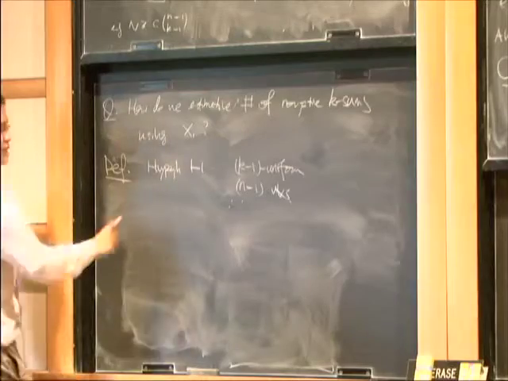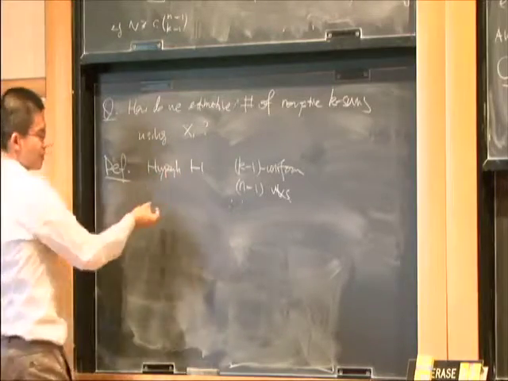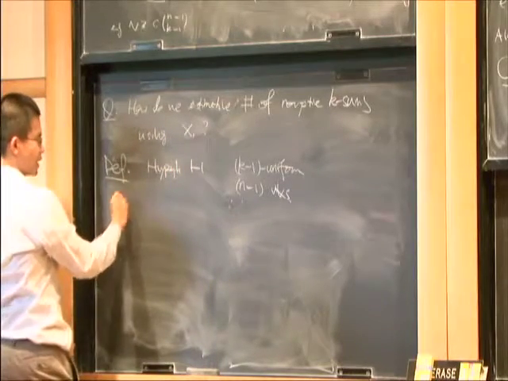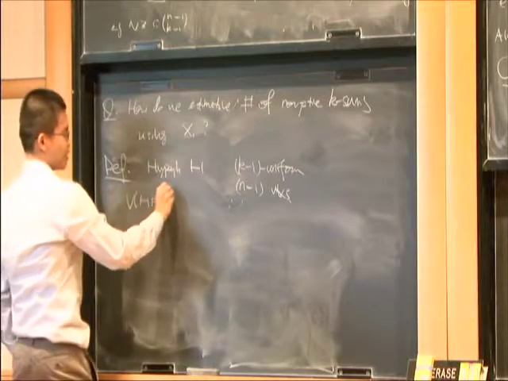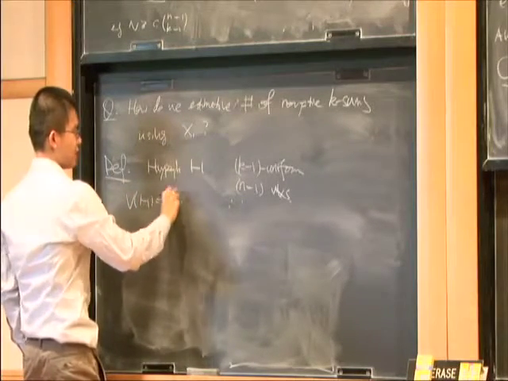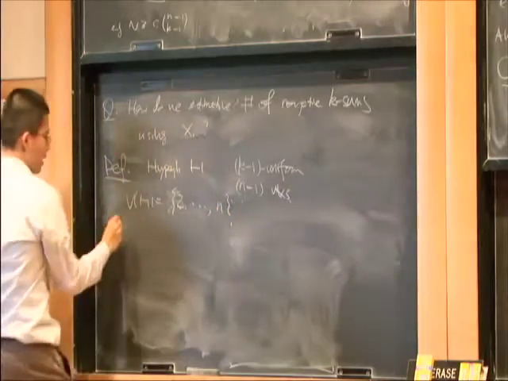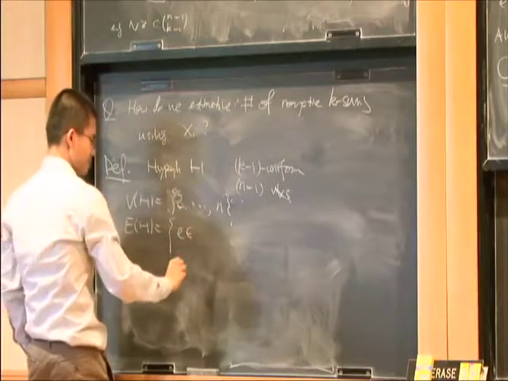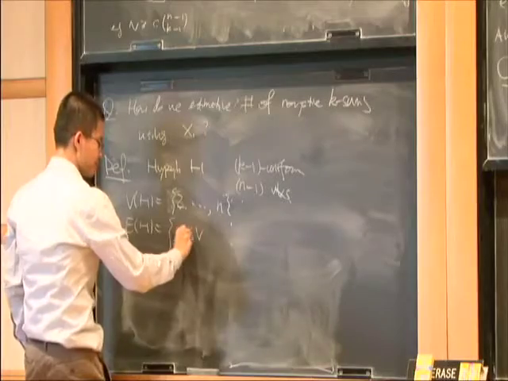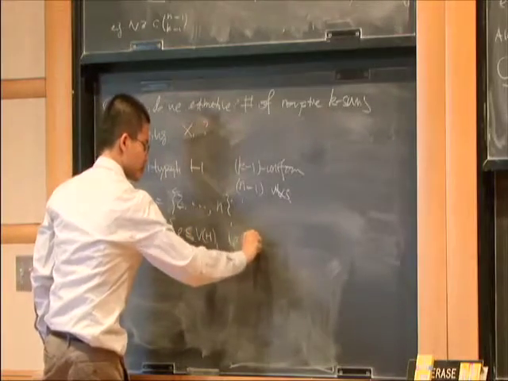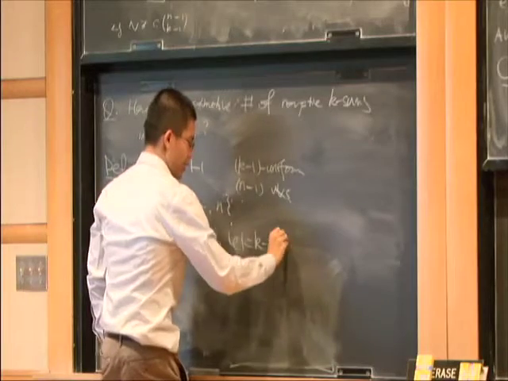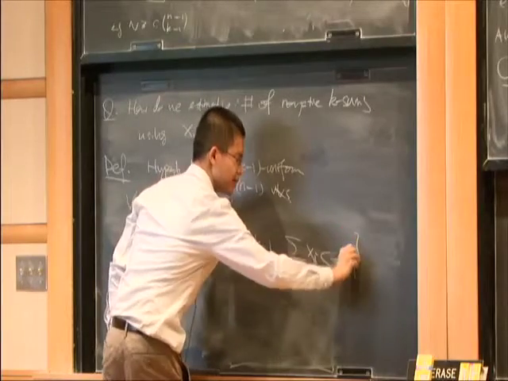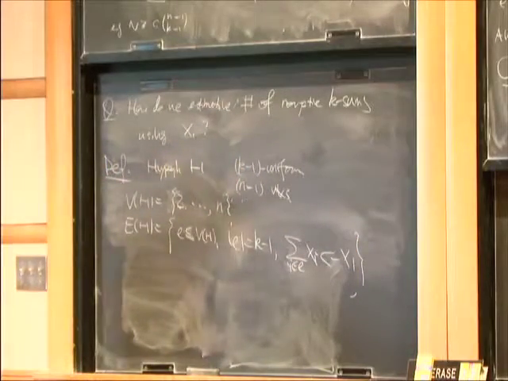And an edge is in this hypergraph if the sum of the corresponding variables is less than minus S1. So let me write it down. The vertex set of H is just the set from 2 to n. And the edge set is just the k minus 1 tuples E, such that the sum over I in E of x_I is less than minus S1. So this gives you a hypergraph.